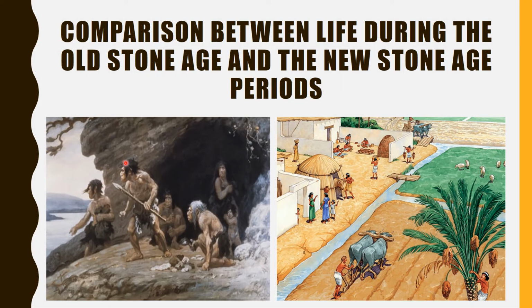Now here we have an ancient Old Stone Age image versus a more advanced New Stone Age image. Let's look at them closely. In the Old Stone Age image to my left, I can see that these persons were pretty primitive.